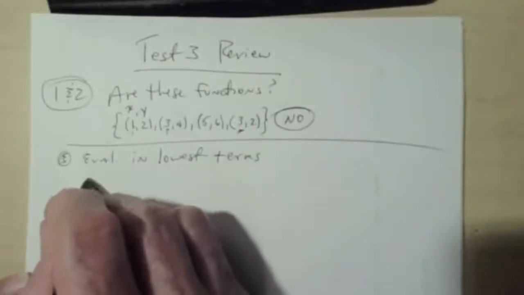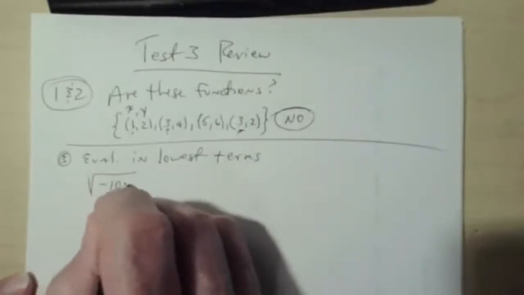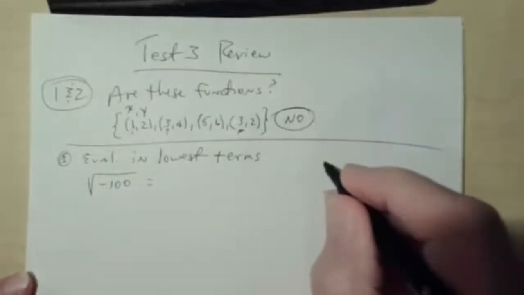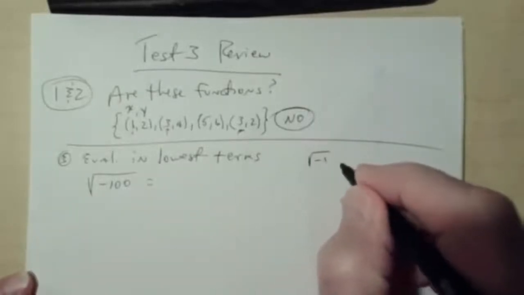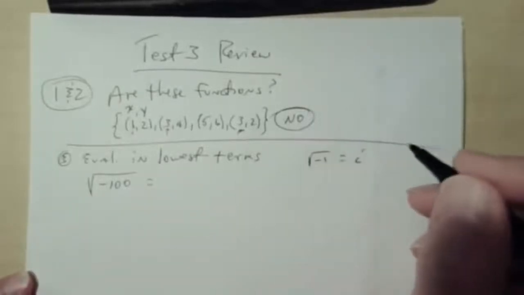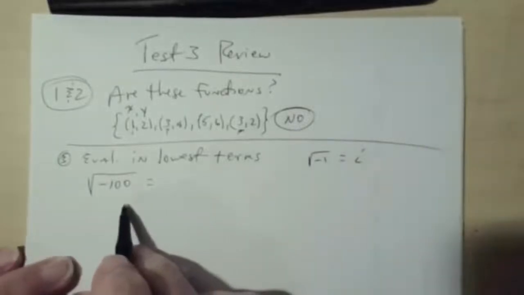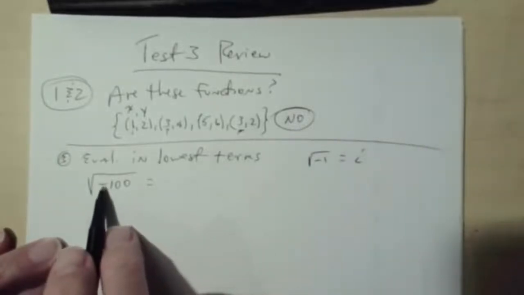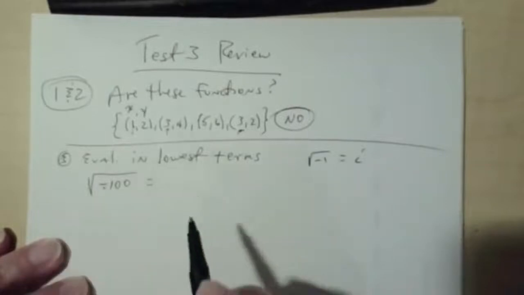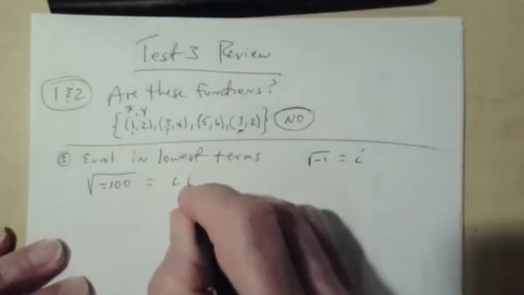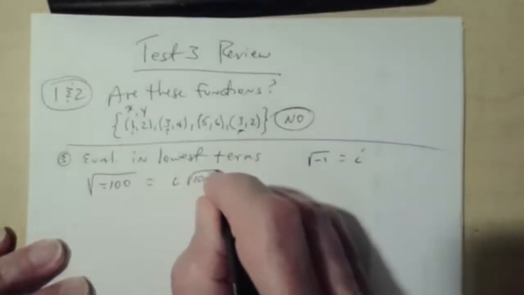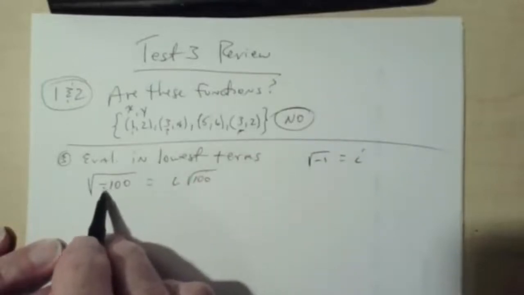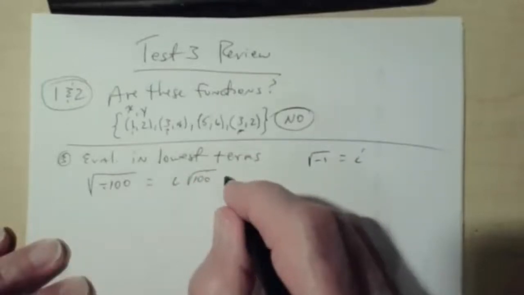Remember, the square root of negative 1 is i. So if you have a negative under the radical, just bring out the i. The negative on the inside of the radical goes away. Now the square root of 100 is 10, so plus or minus 10i.